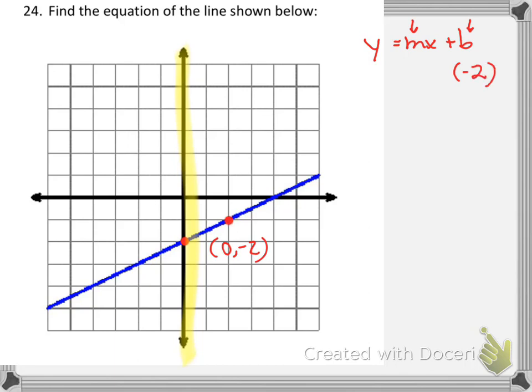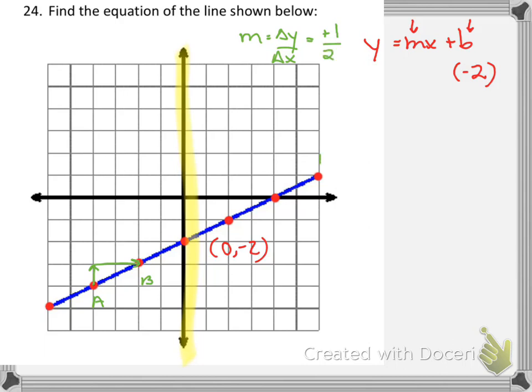Then I'm going to have a bunch of other points on this line, and I can use any two of those points that I want to find my slope. Let's just pick these 2 points over here, right? So remember my slope. What is my slope? My slope is the change in y over the change in x. So to get from a to b, I need to go up 1 unit, so that's a positive 1 change in y, and then I need to go right 2 units, so that would be a positive 2 change in x.